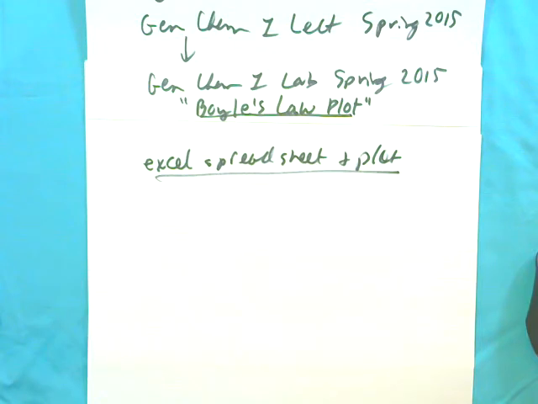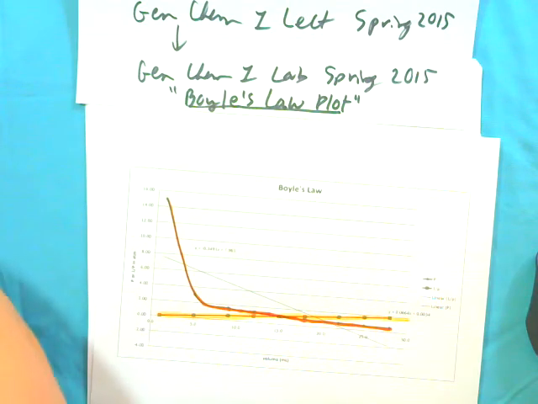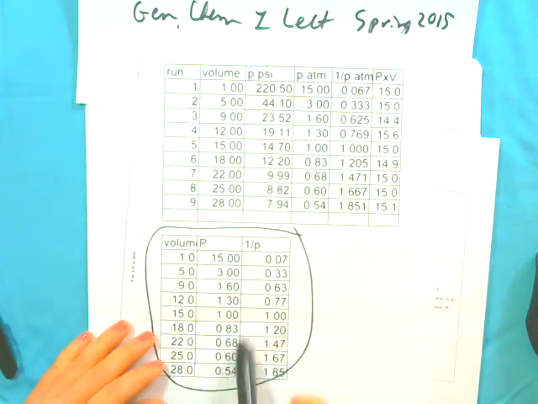The Excel spreadsheet and plot that you will find when you get to that website is going to look just like the Excel spreadsheet that I just showed you. It'll look just like that. And it will have on top the Excel spreadsheet actual numbers.